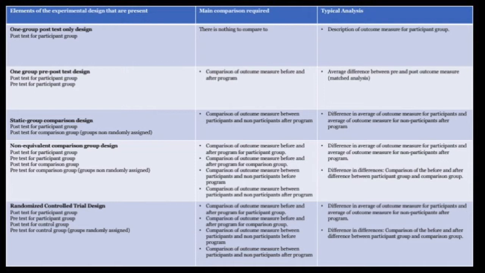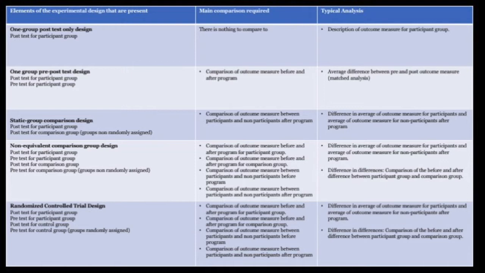So when you have a one group pre-test or post-test design, or one group post-test design only, there's no comparison to make. So the only analysis that you do is describe the outcome measure for the program participants. That's the only analysis that you can do. You can do no comparison. If you have a one group pre-test and post-test design, you can compare the outcomes for participants before and after the intervention, right?